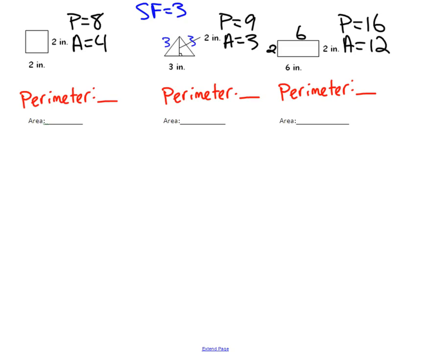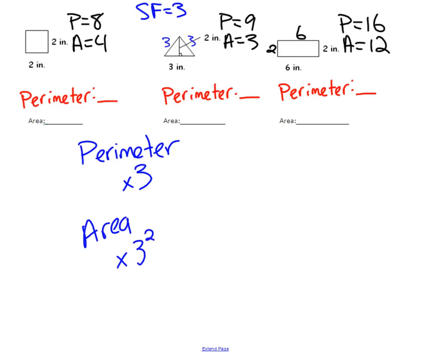The perimeter we're just going to multiply. The perimeter is just going to be times 3. And the area is going to be times 3 squared, which is 9.